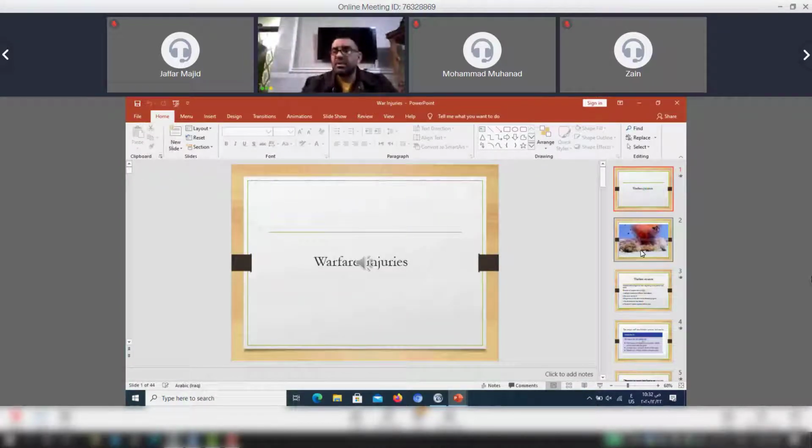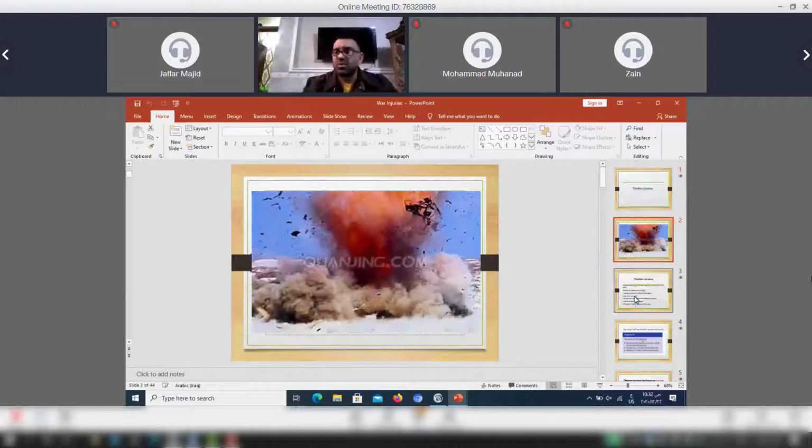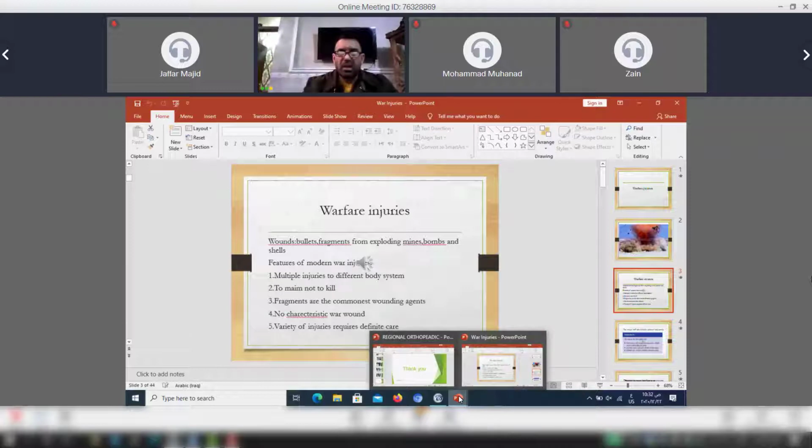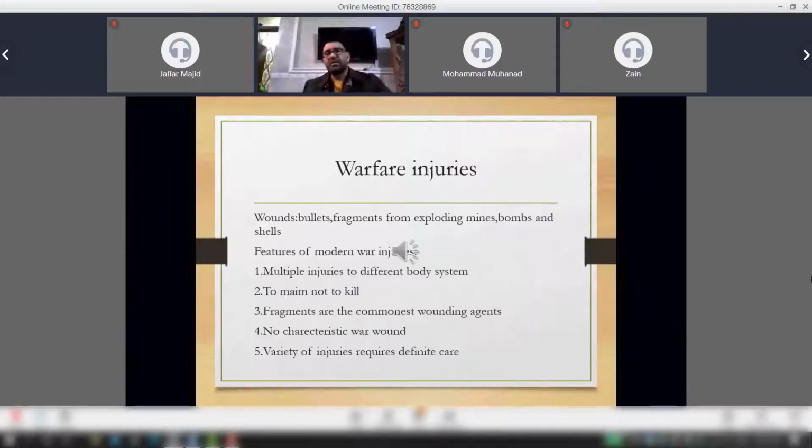This is warfare injury and as we said it's an important issue to be considered. Types of the injury: it is a multiple injury to the different body systems. ما إلها قوانين معينة، ما إلها limit معين، ممكن إنه يصير and it could be fragments, could be shells, could be anywhere.